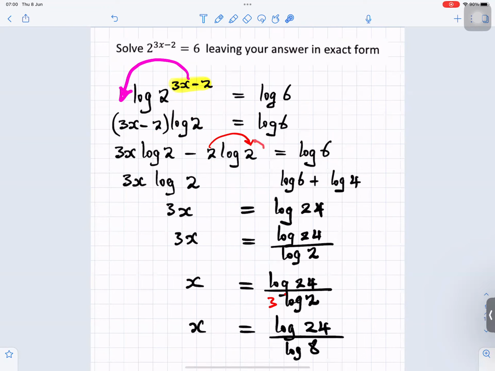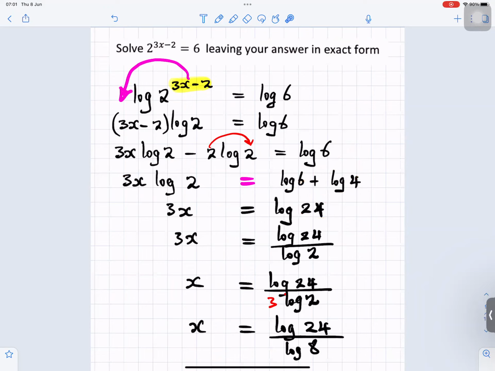And you take minus 2 log 2 to the right-hand side, which is now log 4. It becomes log 6 plus log 4. So that's what you have there. And then 3x log 2 is equal to log 6 plus log 4. When you add the two logs, you multiply them. So you multiply 6 times 4 is 24.